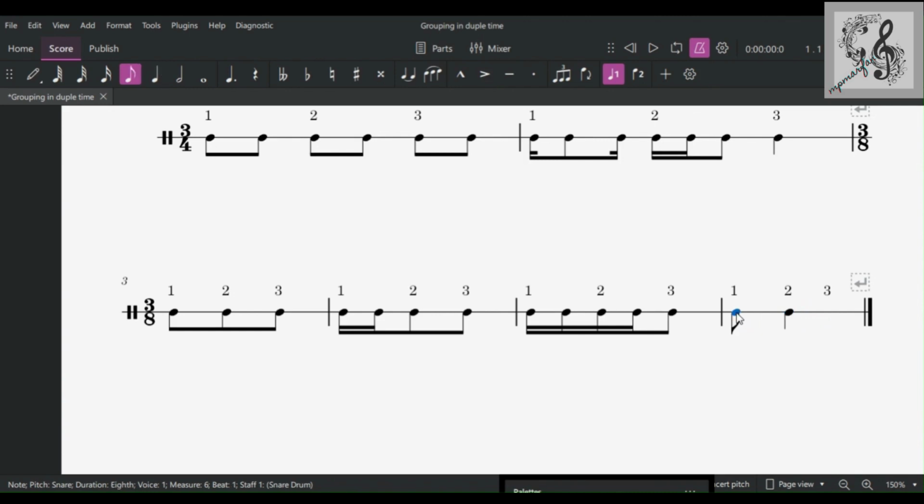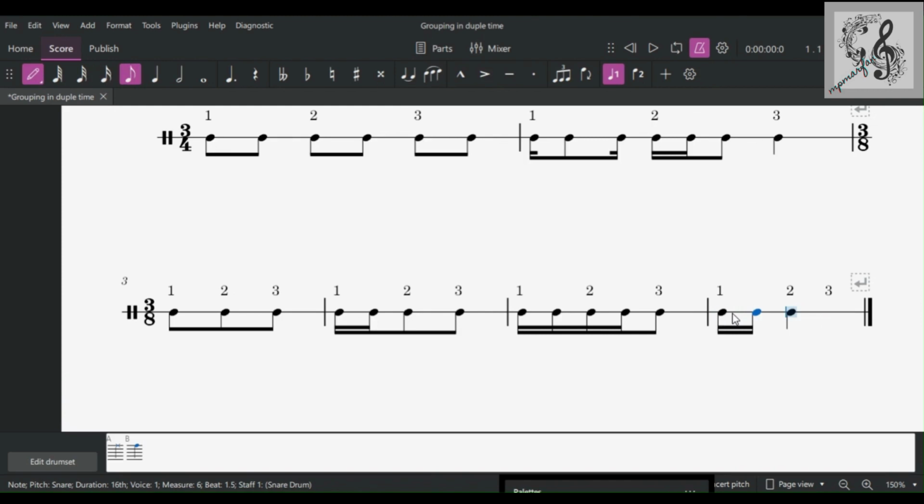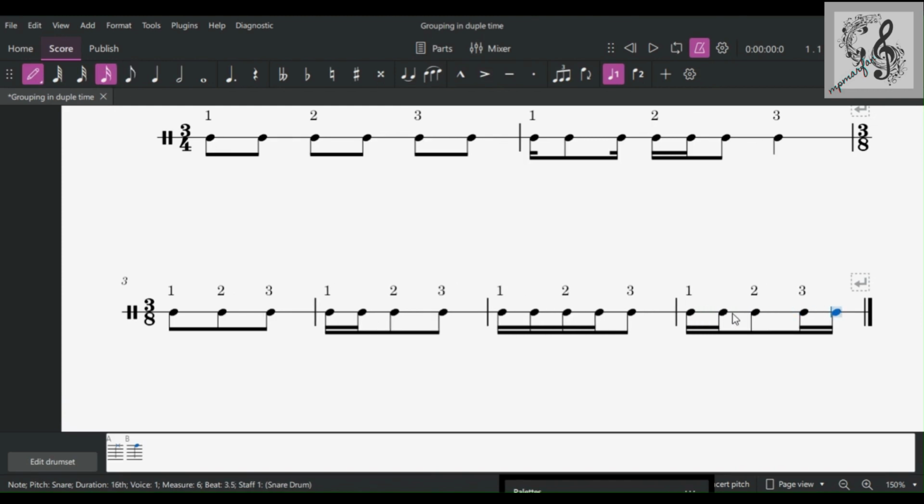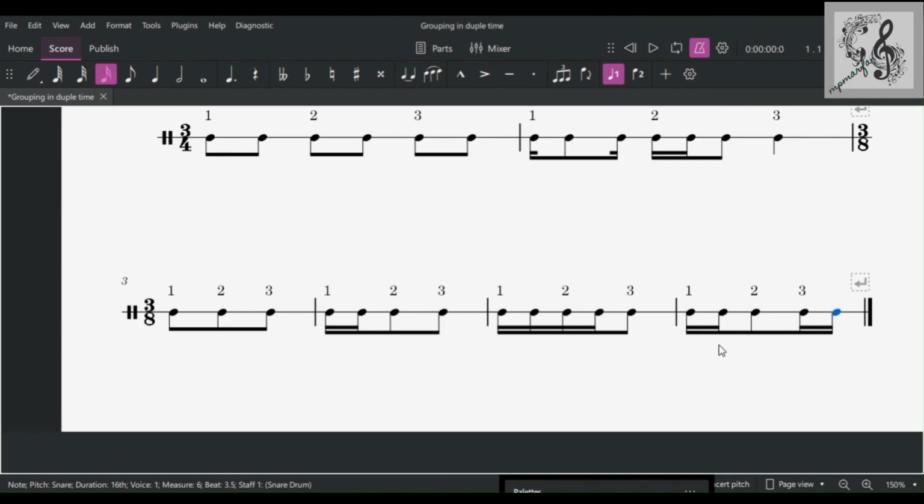Or I could make this, once it's smaller than the crotchet, you join up. So in 3/8, everything joins.